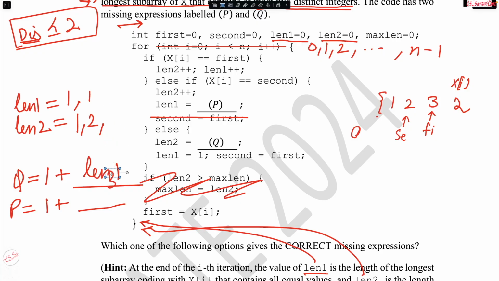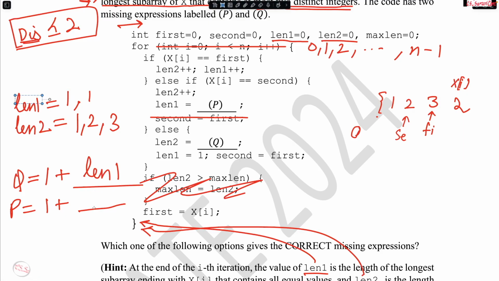So if 3 were to be introduced over here, len1 is going to become equal to 4, and that is not the desired value. If len2 is present over here, then 1 plus 3 is giving us 4.